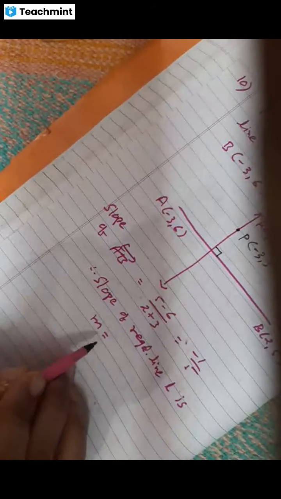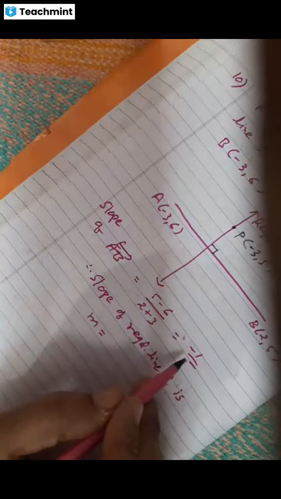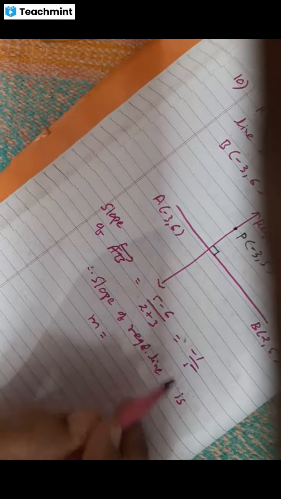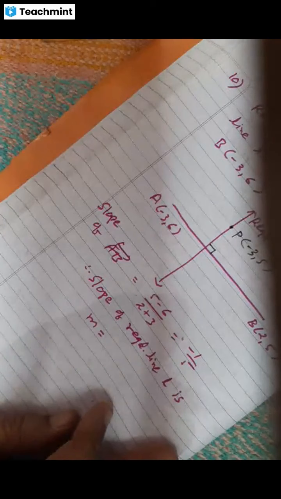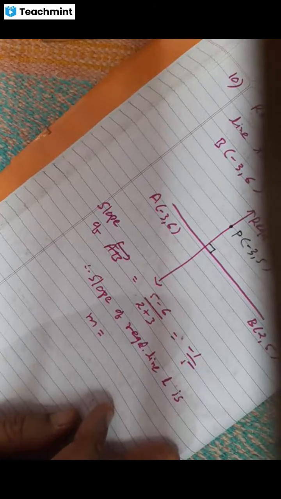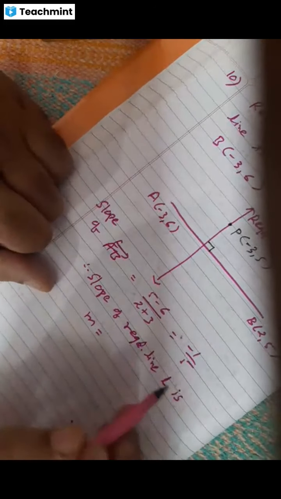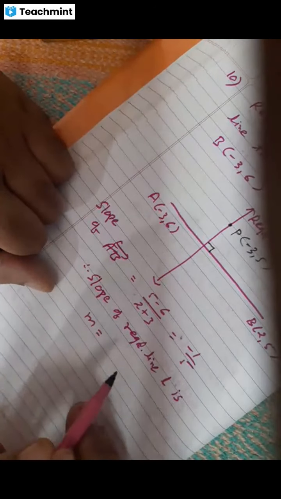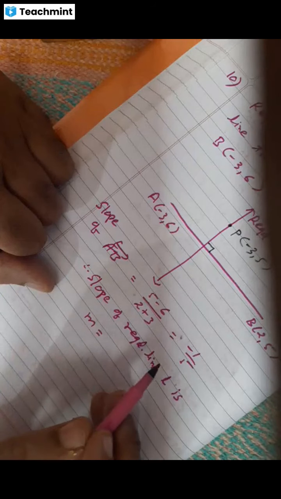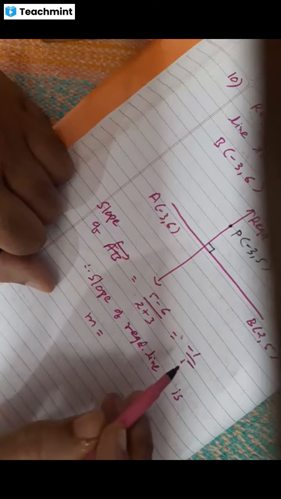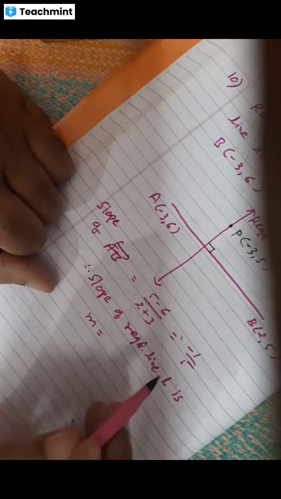So m is equal to what will be the perpendicular slope? You know the condition: if two lines are perpendicular to each other, then the product of their slopes will be minus 1. Remember? Or in other words, the slopes are negative reciprocals of each other.